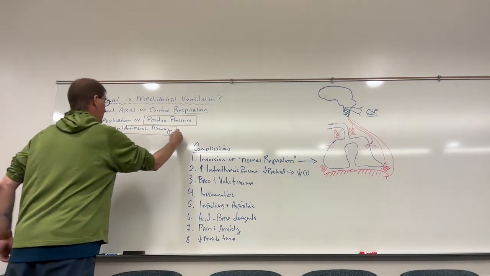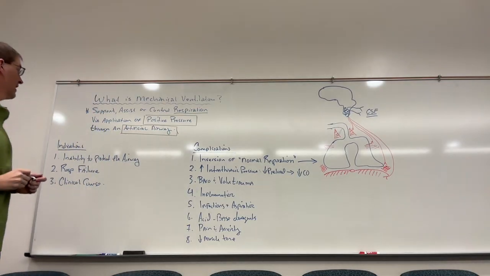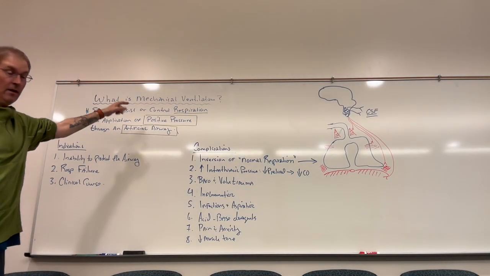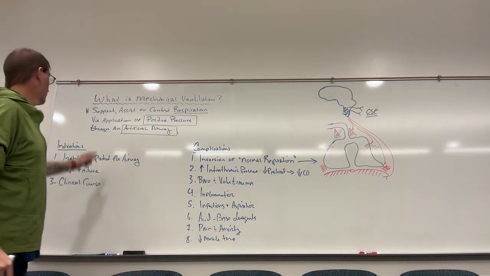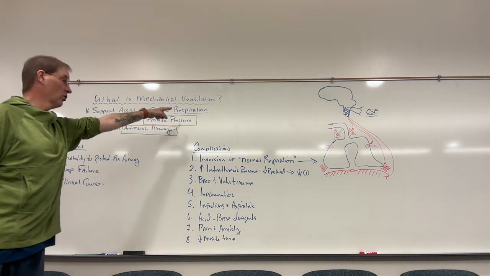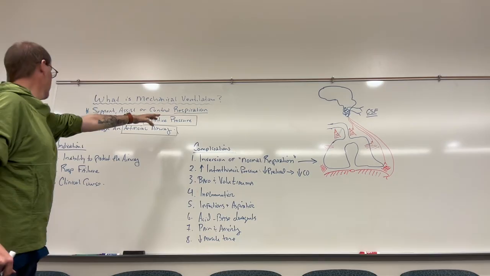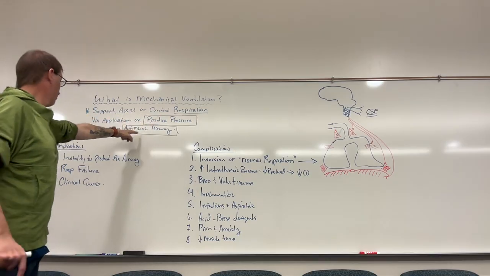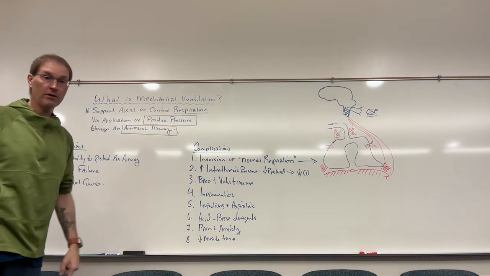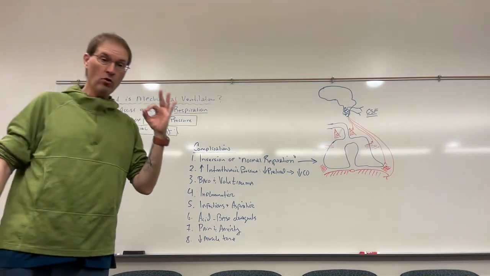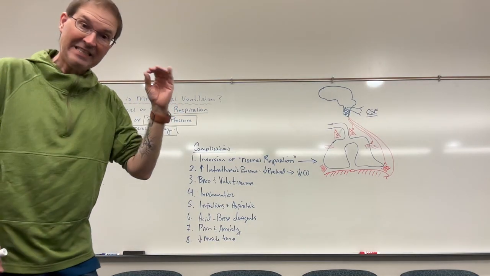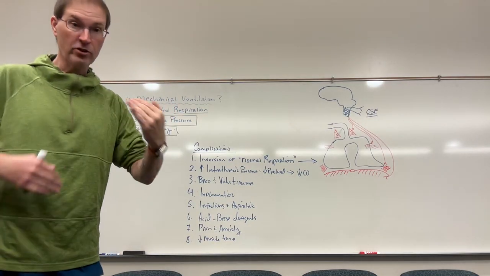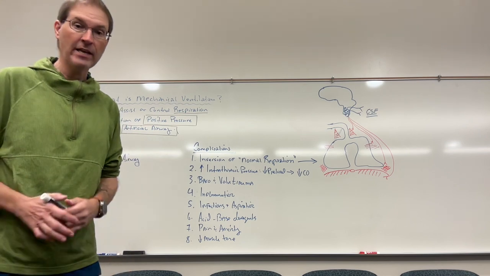This is another important component to understanding mechanical ventilation. So fundamentally, we are supporting, assisting, or controlling external respiration by applying positive pressure in a patient that has an artificial airway. So those are the things that need to be met in order to call something mechanical ventilation.